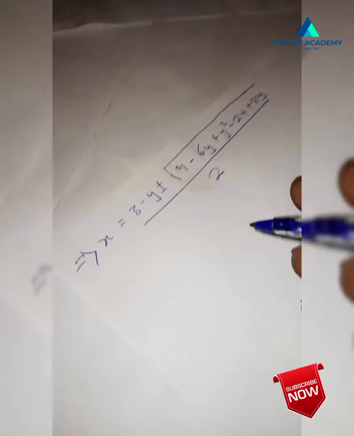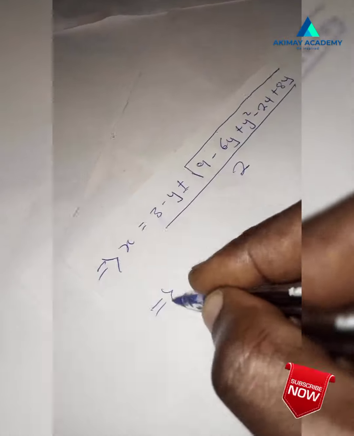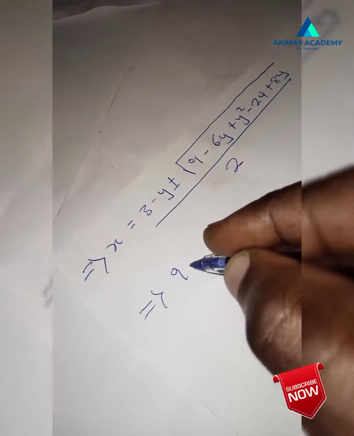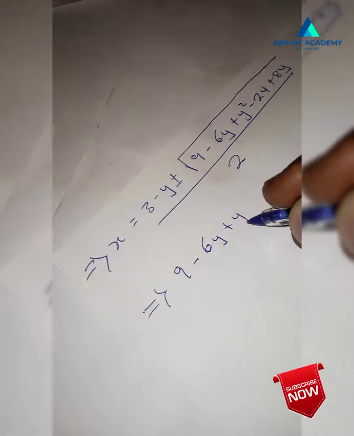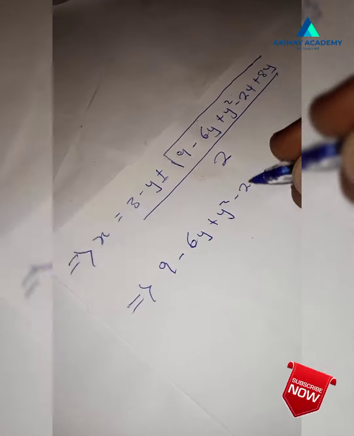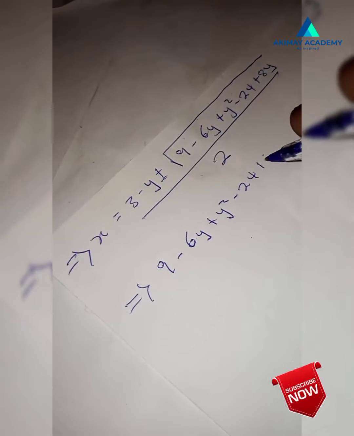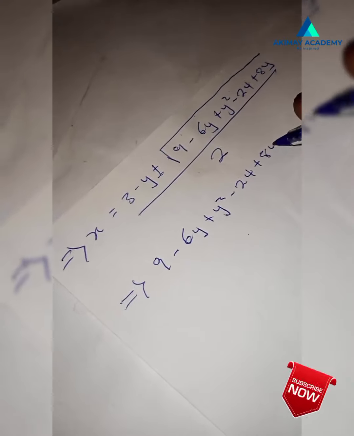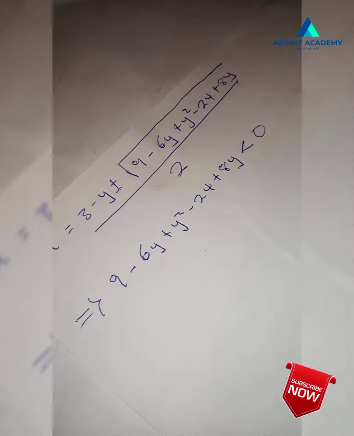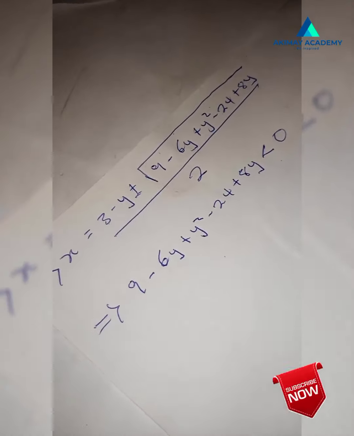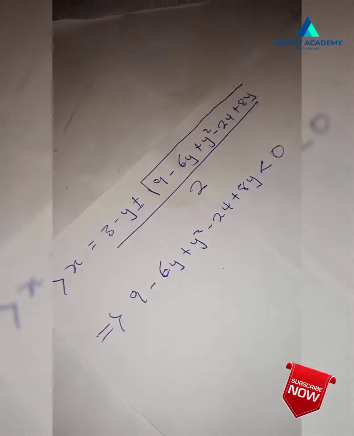So we pick out the values under the radical sign. When this value is less than 0, then our entire function will be undefined, because we'll be getting negative numbers.